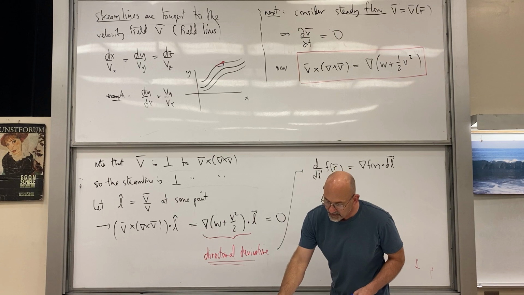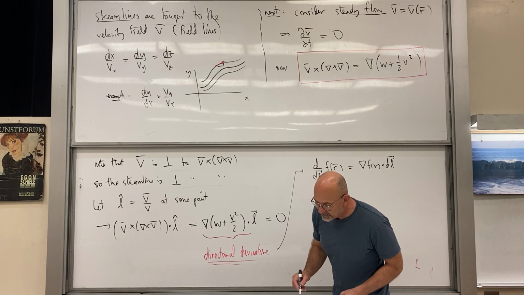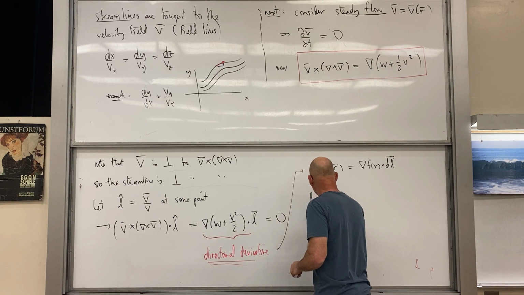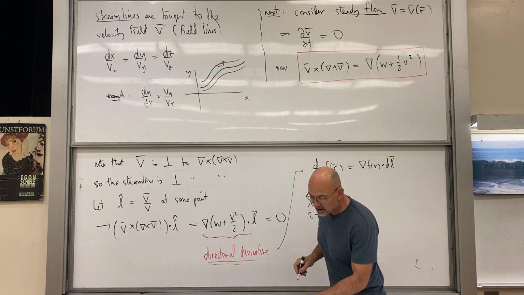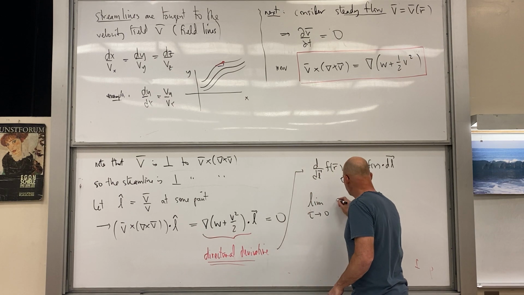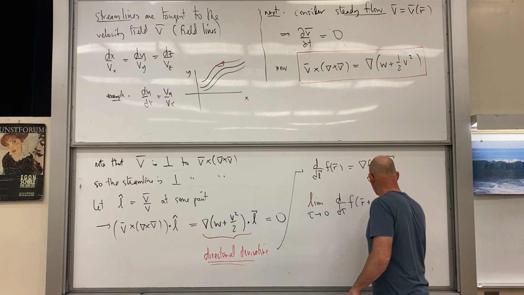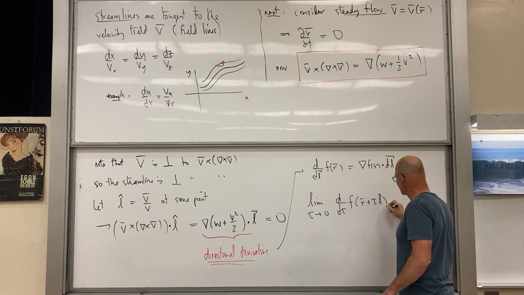Another way I have, this one's good too: limit as tau, which is a little scalar, goes to 0 of f of r plus tau times that little unit vector.